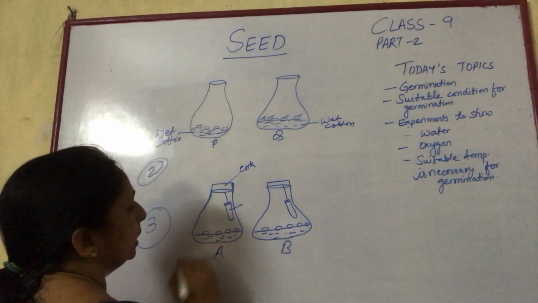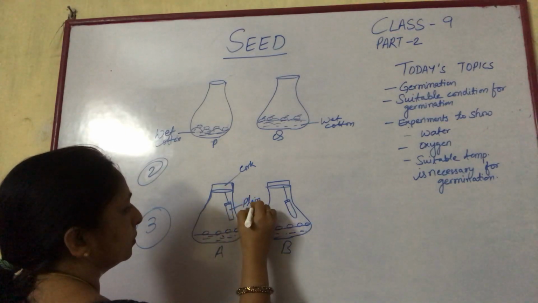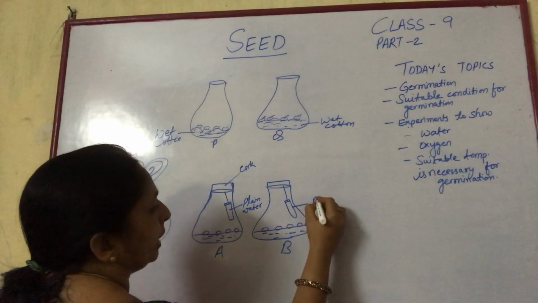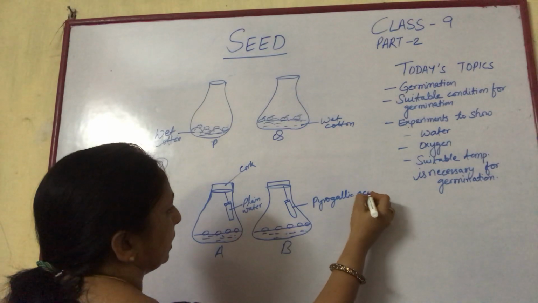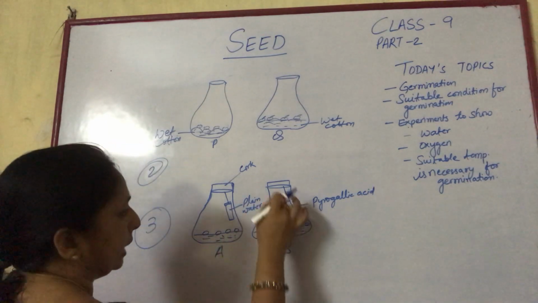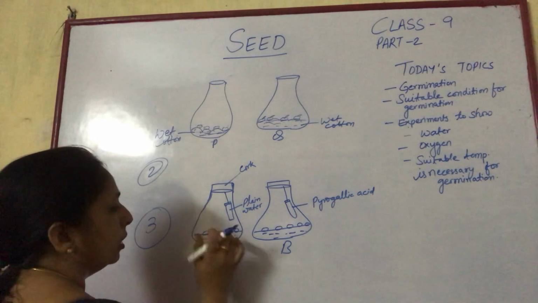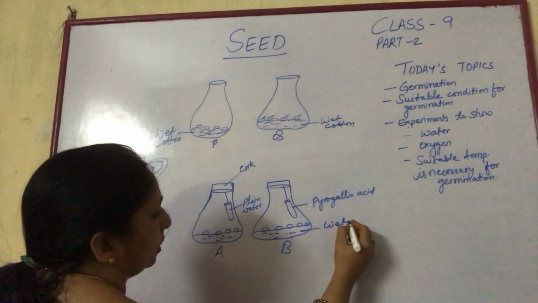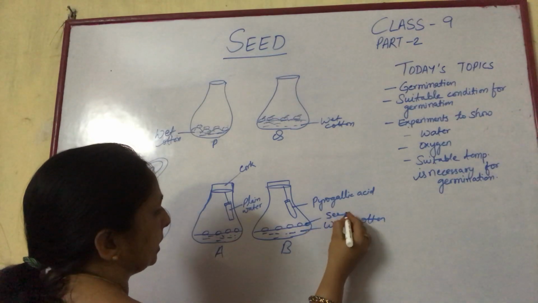Here in a test tube we have taken plain water, and in the other test tube, pyrogallic acid. Pyrogallic acid is hung with the help of a thread inside the conical flask. Wet cotton in both cases, and on the wet cotton seeds are placed.